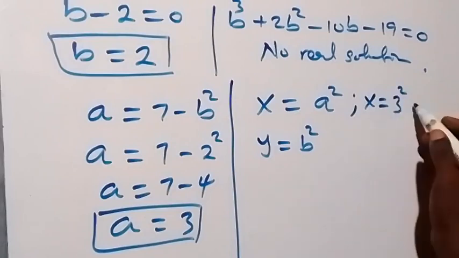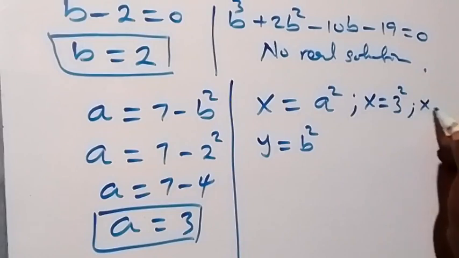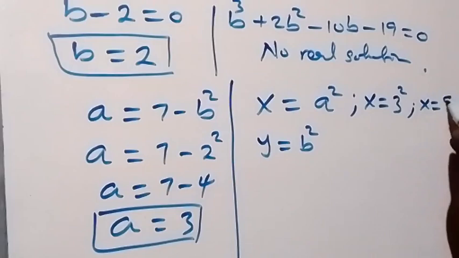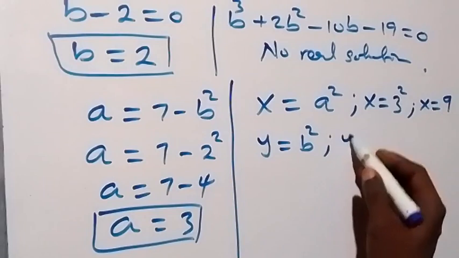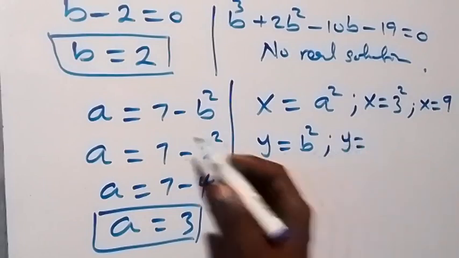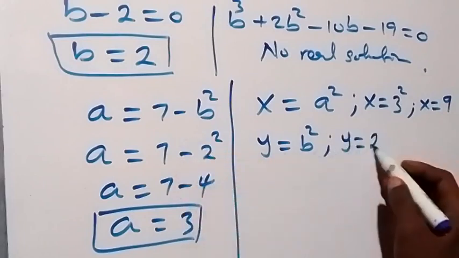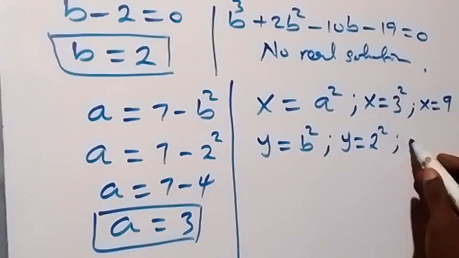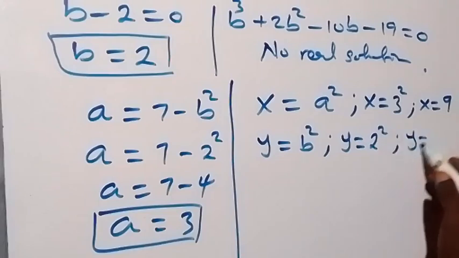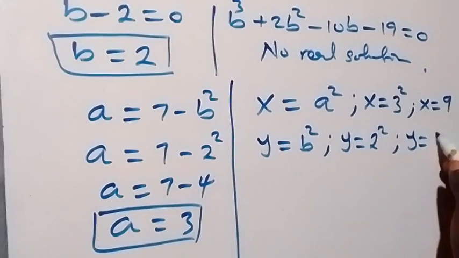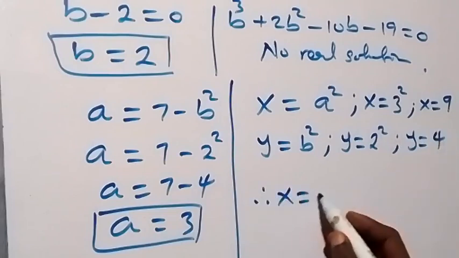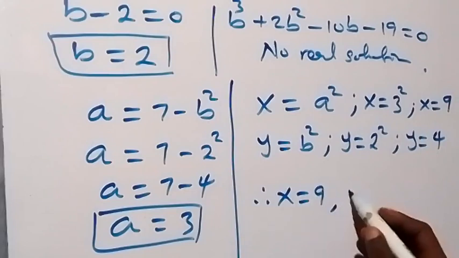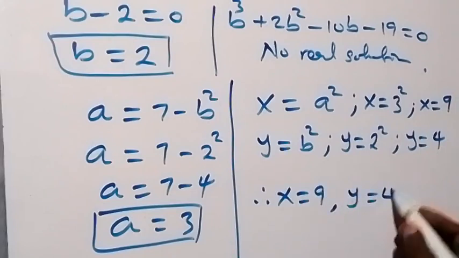That means x equals 3 square, which is 3 times 3, and that's 9. And y will be equal to b square, b is 2, that's 2 square, and here we have y equals 2 square, which is 2 times 2, which is 4. So therefore, we have x equals 9 and y equals 4 in this given problem.